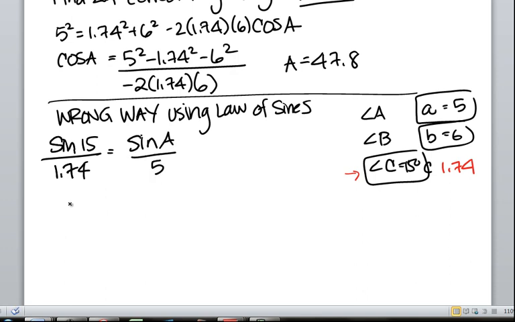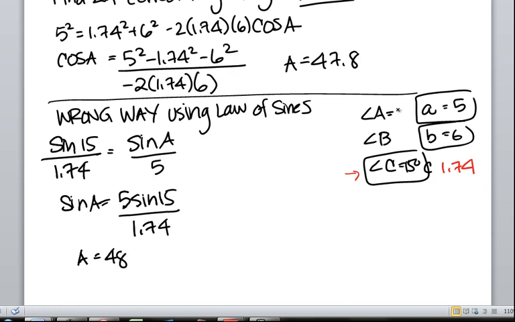Now if I solve for sine of A, I get 5 sine of 15 all over 1.74, and then I do inverse sine of both sides, and basically I get that A is 48 degrees, right? And that's about what we got earlier.